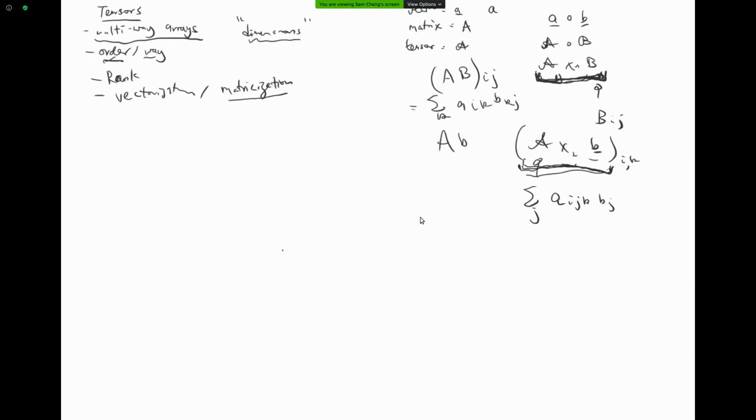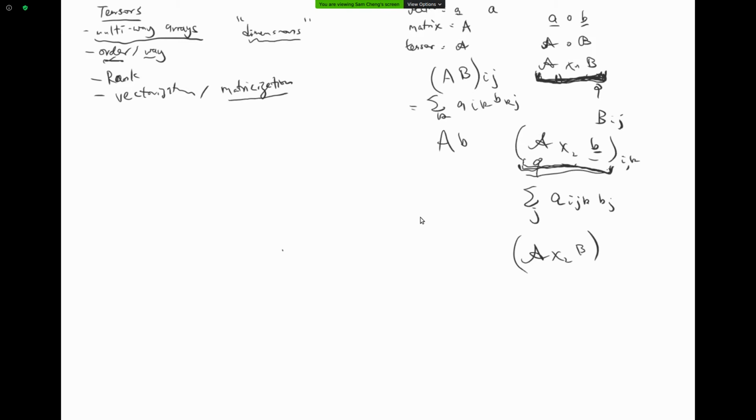So the mode n multiplication for a tensor is similar. Let's say A is again a 3-way tensor, and to be precise, this is again a mode 2 multiplication. After the mode 2 multiplication, I will still have a 3-way tensor.